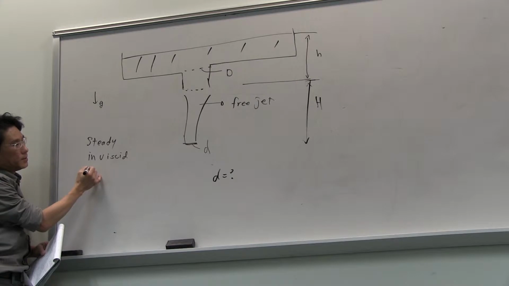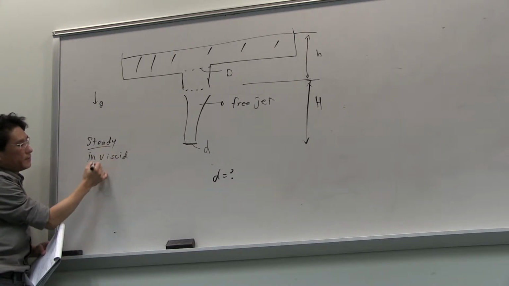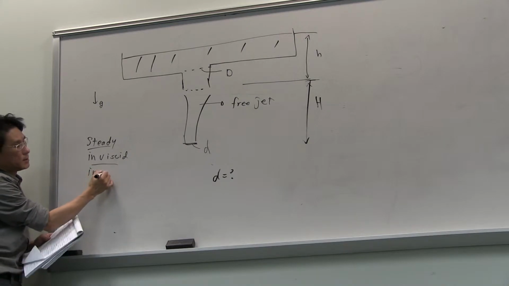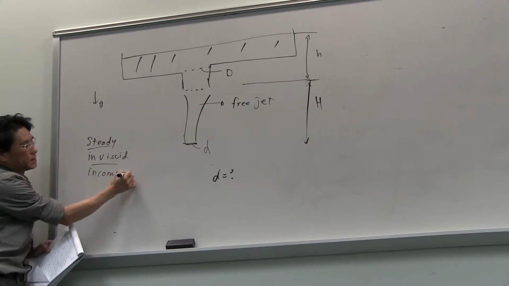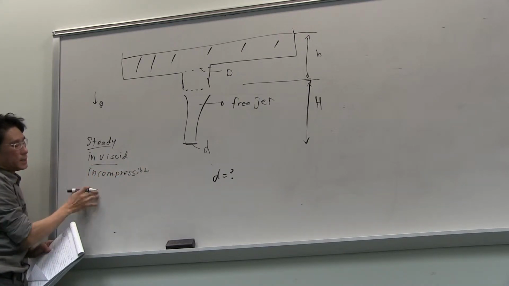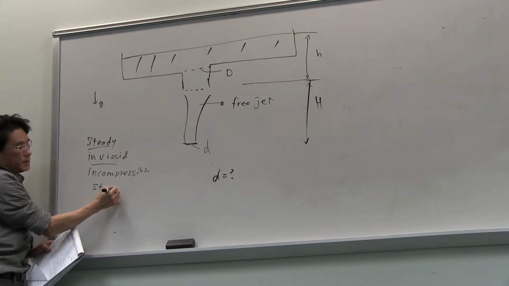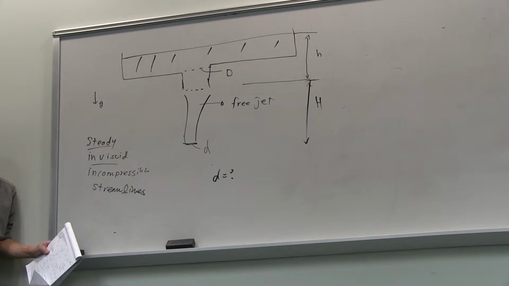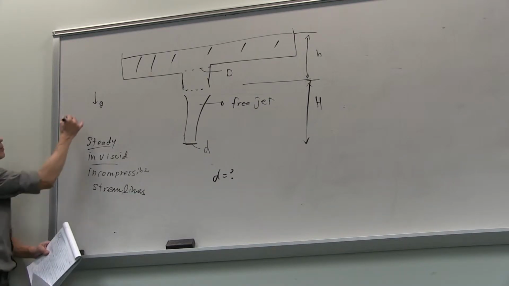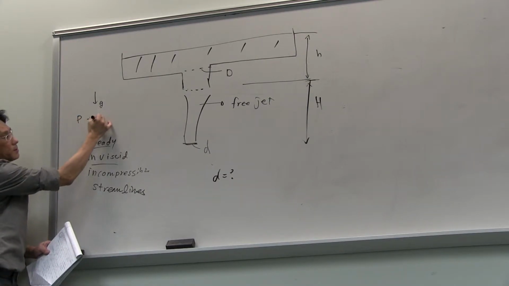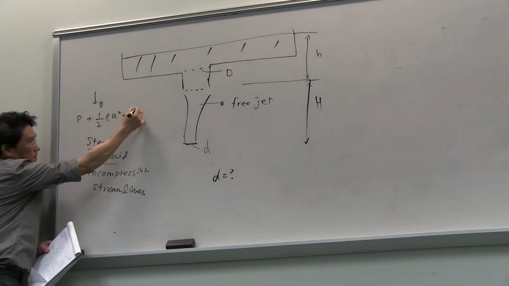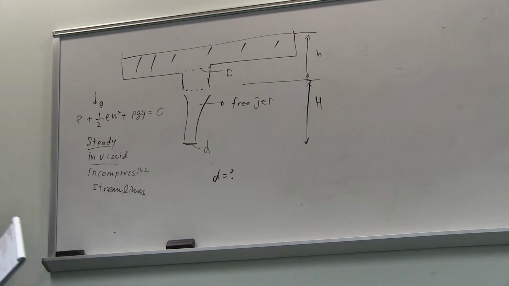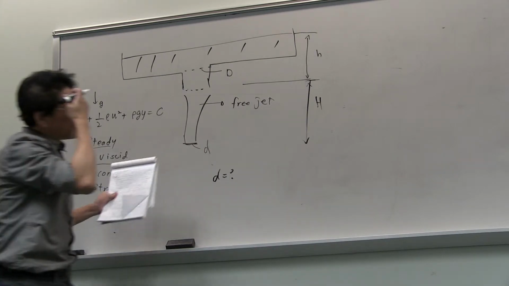Then you have incompressible, so density is always constant, as well as along a streamline. Along the streamlines, your Bernoulli equation is always right. The Bernoulli equation is P plus one half rho U squared plus rho g y equals constant along the streamline. So now let's apply this.